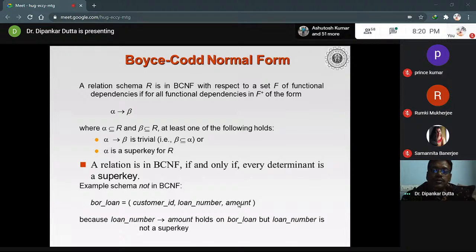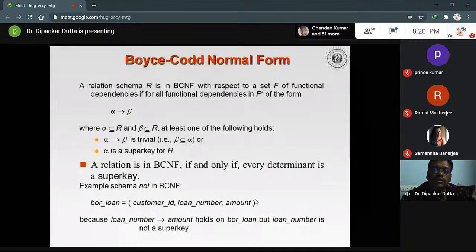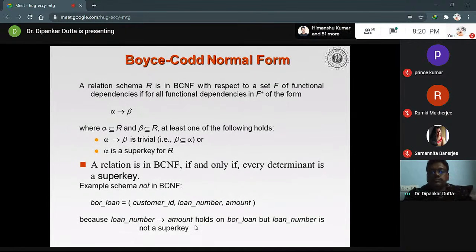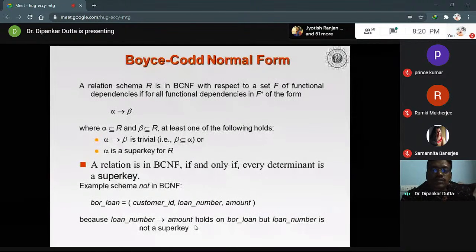So loan number is determining the amount, but loan number is not the primary key or super key. So this relation is not in BCNF.